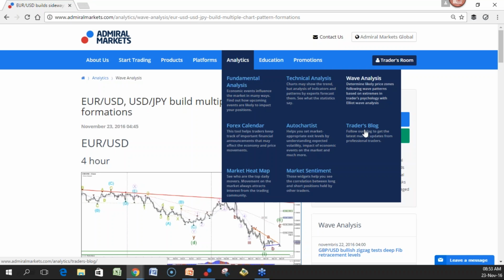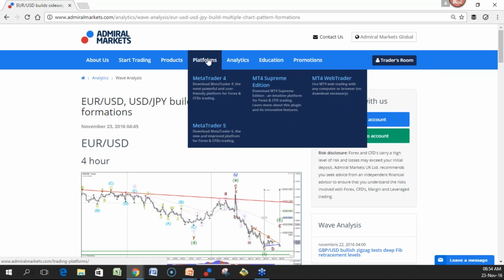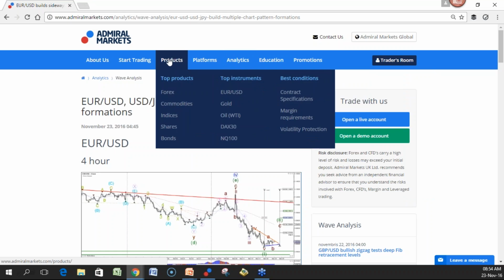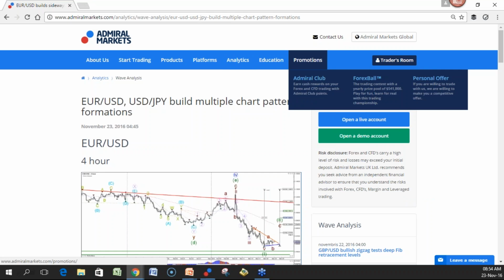There you'll also find our blog, our calendar, market heat map, more information about sentiment, and auto chartist. Good information there. You'll also find a tab about education, all kinds of different things connected to education. Besides that, you've got info about platforms, which products, how you start trading, information about Admiral Markets, and promotions.